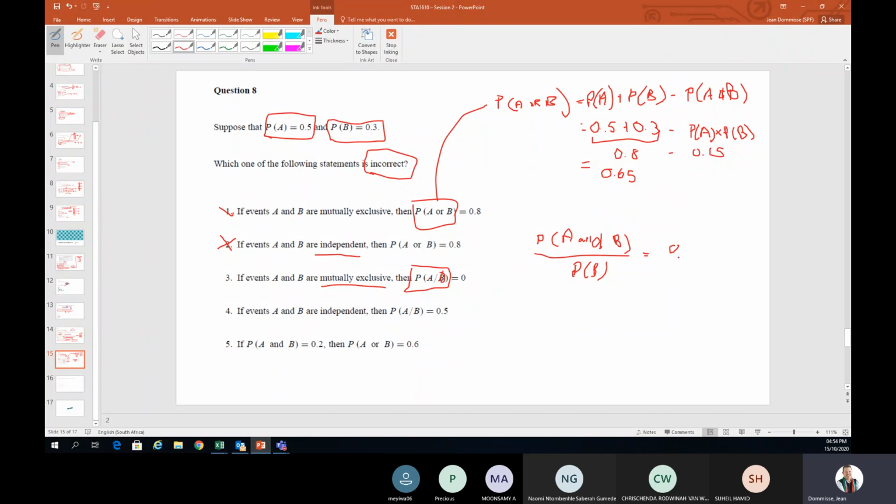It doesn't matter by what number you divide it, 0 divided by 0.3 will be 0. So that will be correct.